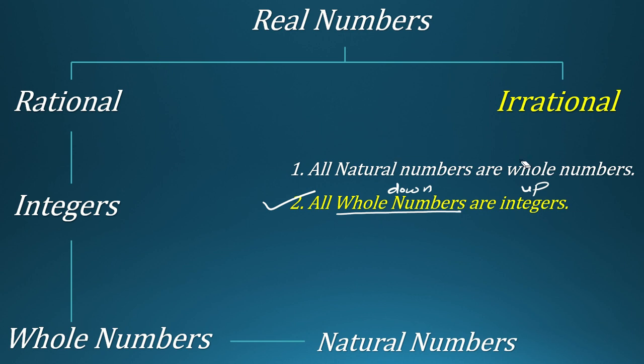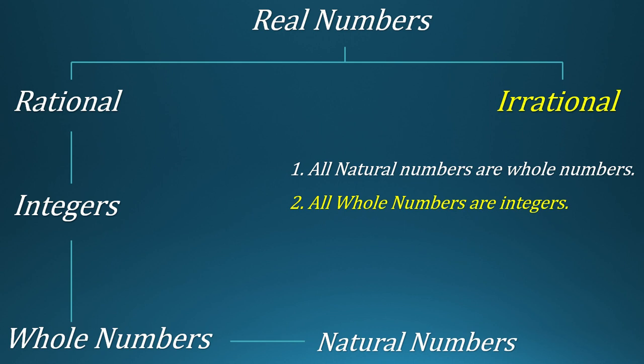In the second case also, if I say all integers are whole numbers, like this reverse order, then minus 2 is an integer, but minus 2 is not a whole number. Okay? So reverse order, it will not be correct. So how will you say mathematically this type of statement? You will say all whole numbers are integers, but converse need not be true.